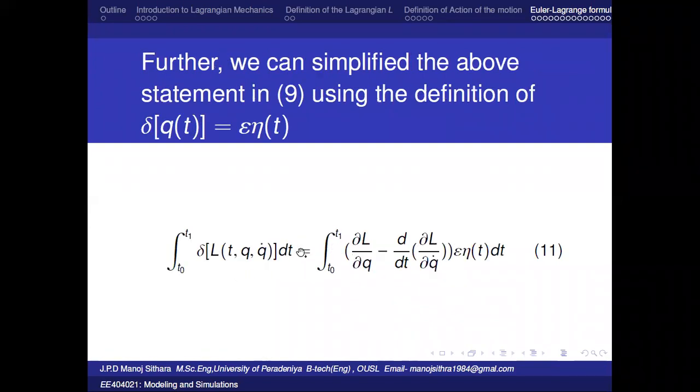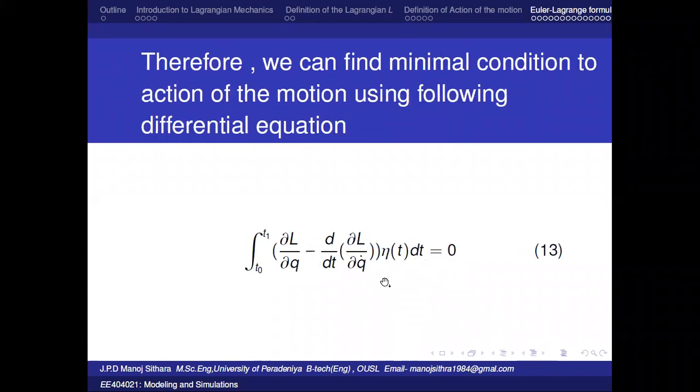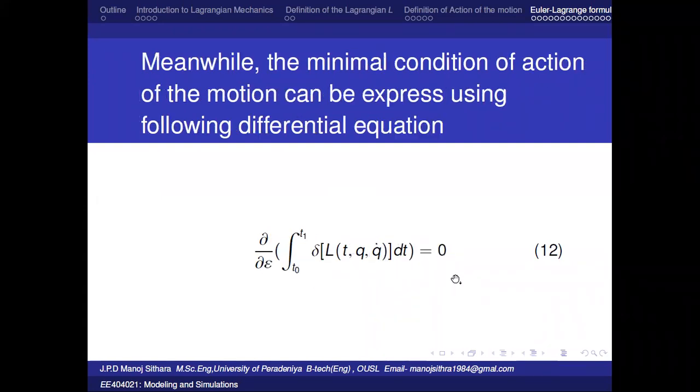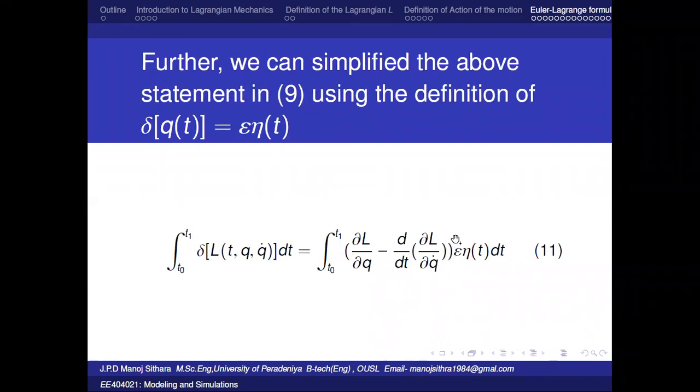So now if we differentiate with respect to epsilon, we will find the optimal condition, the same as statement number 13, because the epsilon is only appearing here, right? Once we differentiate, this will disappear from the equation, right?